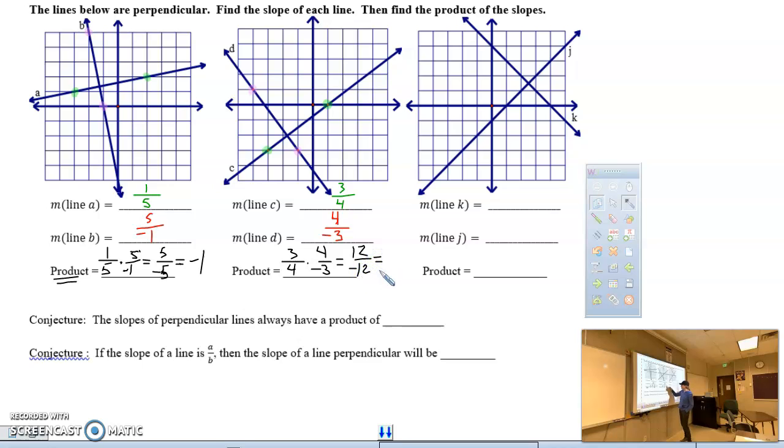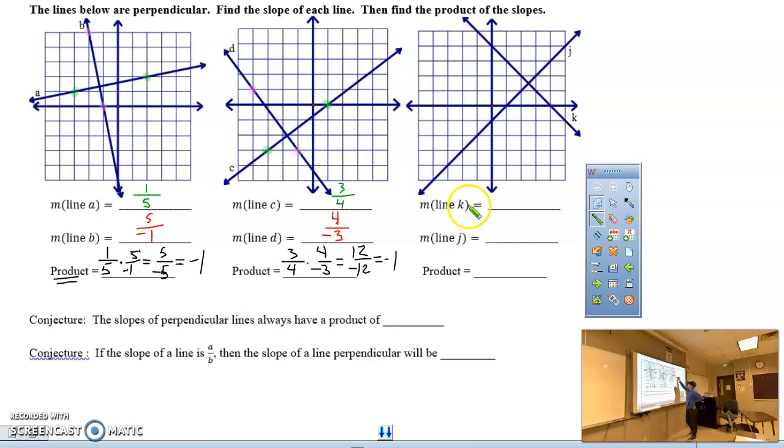And then again, these will cancel. You end up with a -1. Okay, next one. So I want you again to pause and try this one on your own. Okay, good. I'm going to go through this one a little bit faster.